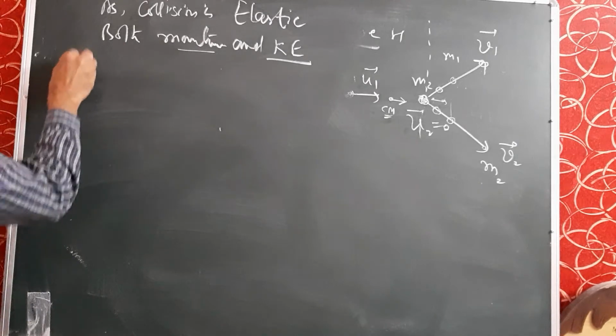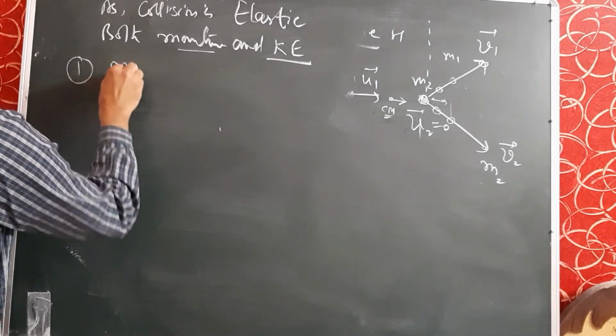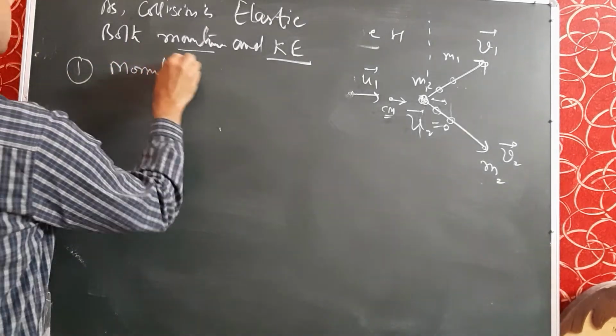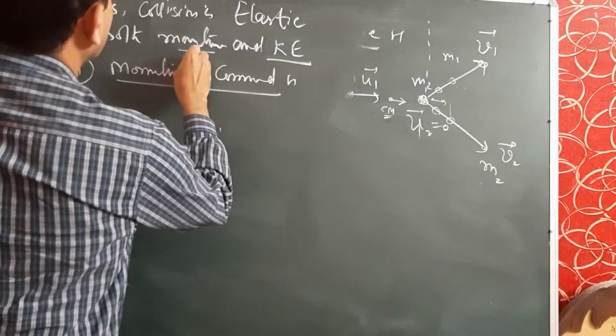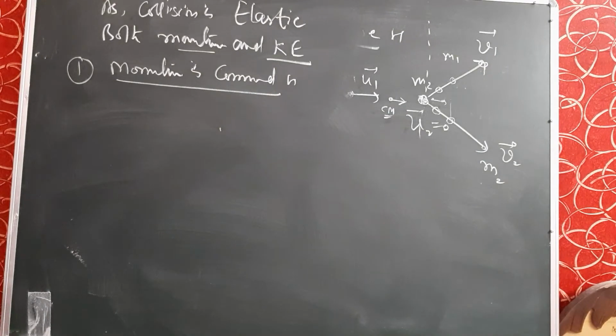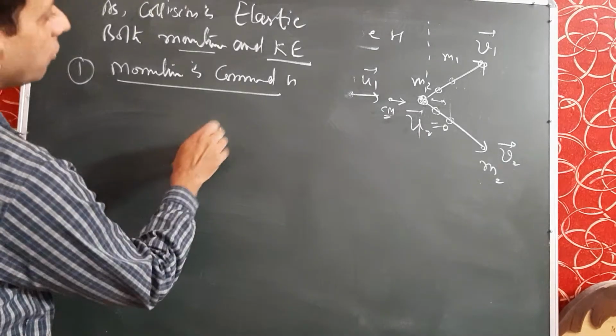So, first of all, as momentum is conserved, we have to find the momentum of these two particles before collision and the momentum of these two particles after collision, and similarly for kinetic energy. So, what will be the momentum of the first particle?